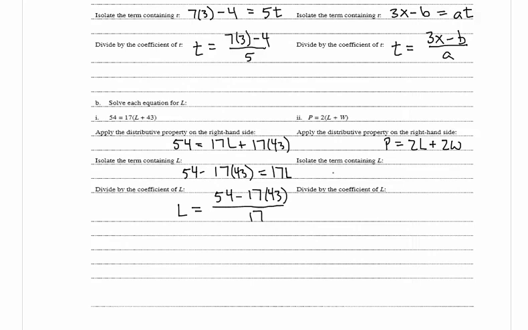And now we want to isolate the term containing L, so we're going to subtract 2W from both sides. So we have P minus 2W is equal to 2L. And now we want to divide by the coefficient of L, and our coefficient is 2. So we're going to have L is equal to P minus 2W divided by 2.